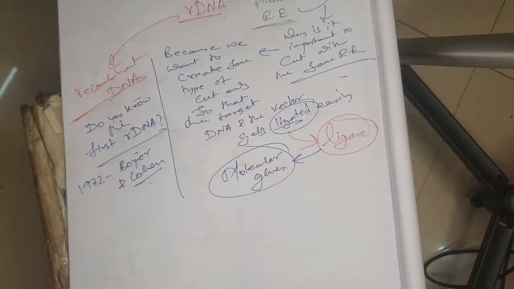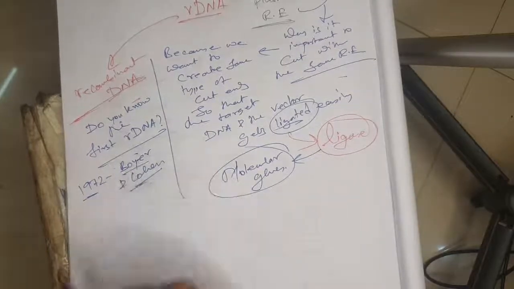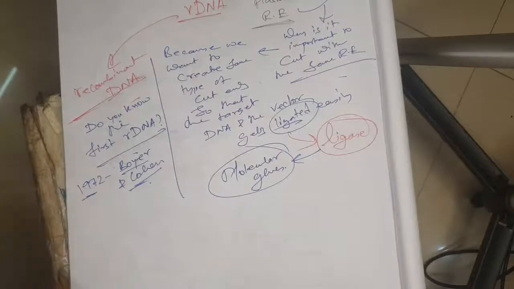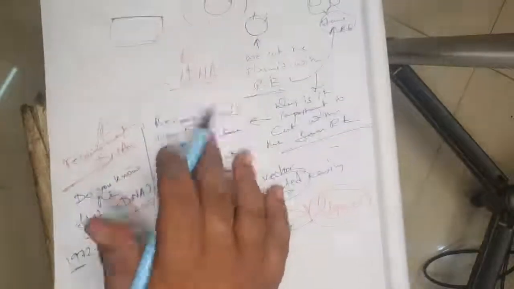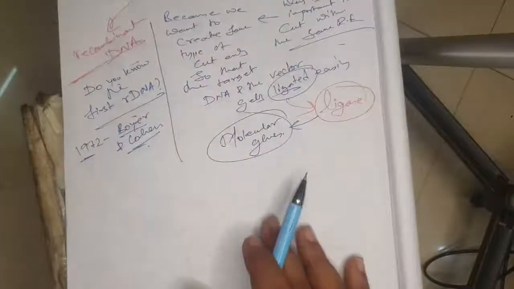So anyway, in 1972, Boyer and Cohen were the two people who discovered the rDNA, or recombinant DNA, for the first time.